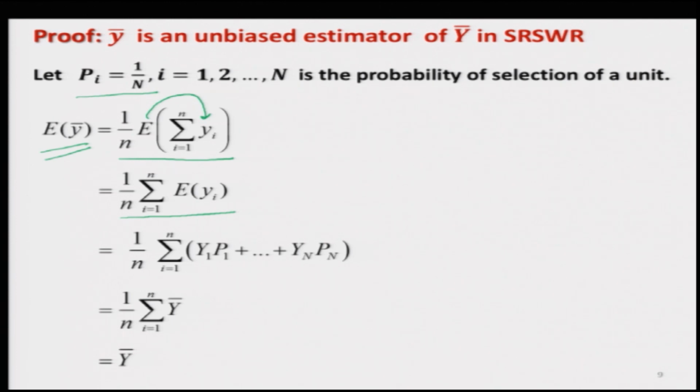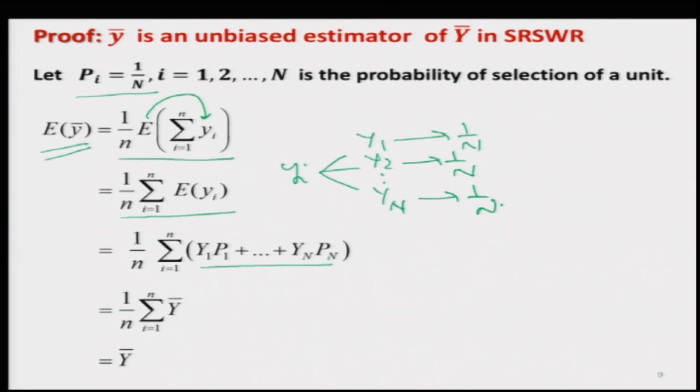Now once again, what possible value can this small yi take? This can be capital Y1, capital Y2, or capital YN, and all these units can be selected with equal probability 1 upon capital N. So I can write the expected value of yi as Y1 P1 plus Y2 P2 plus YN PN.